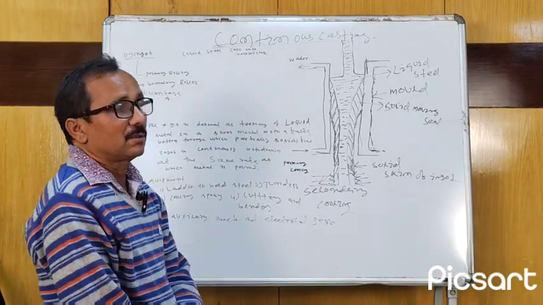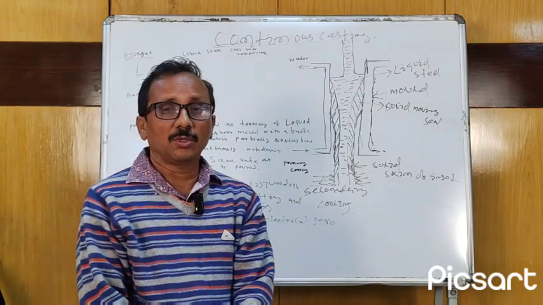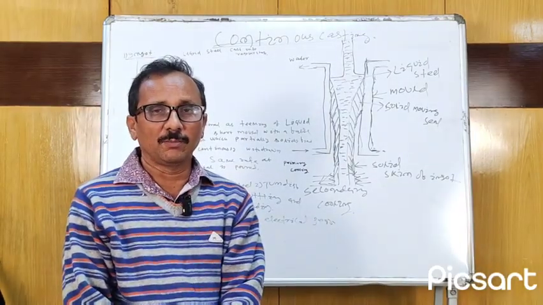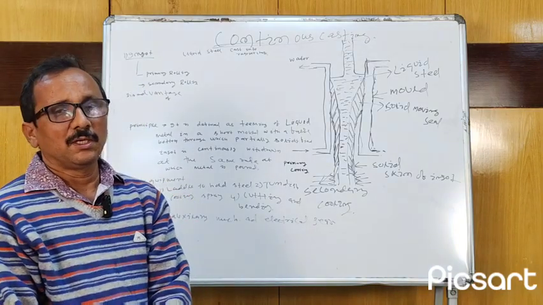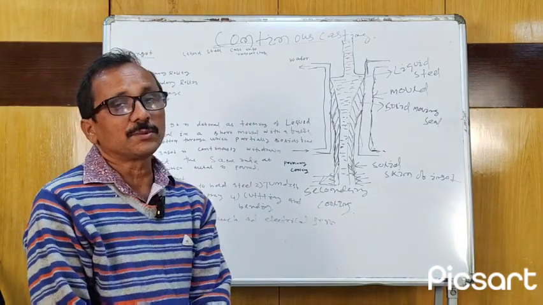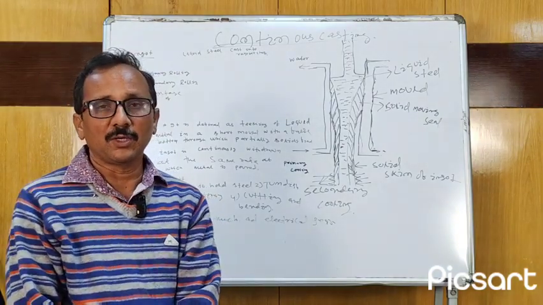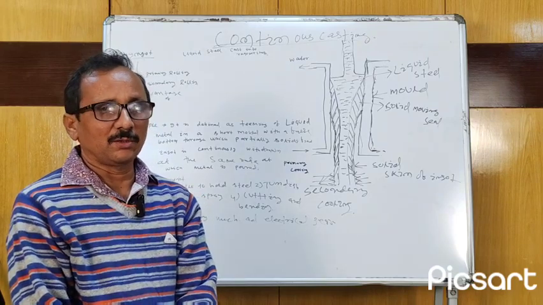Then this ingot will go to different rolling mills. In conventional ingot casting, there are two types of rolling mills. One is primary rolling mills, and another is secondary rolling mills.